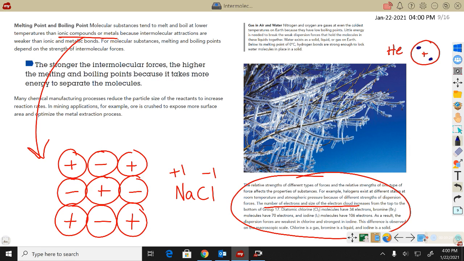So chances are it's pretty easy to keep those 2 electrons far apart from each other. There's only 2 of them. 99.999% of the time, those 2 electrons are going to repel, and they'll go as far apart as possible within that 1s orbital. But now as you go to bigger noble gas atoms, I could have argon.